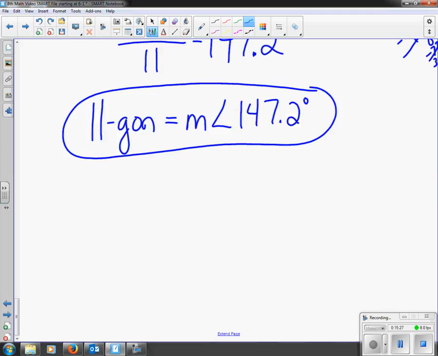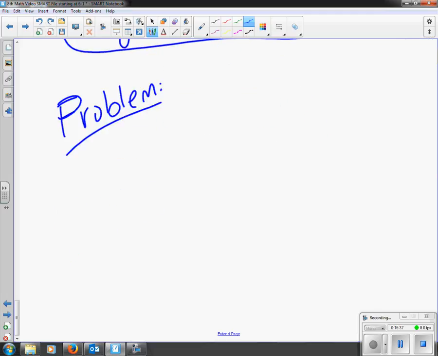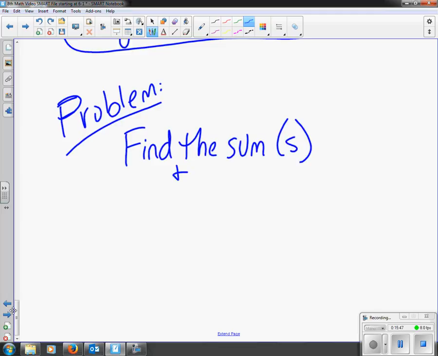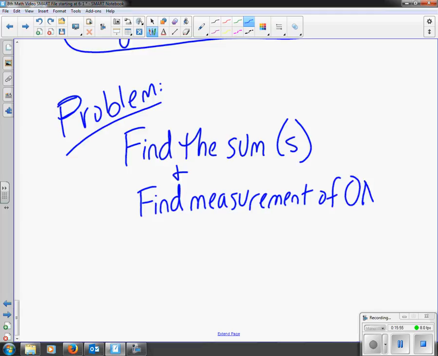Okay, so for the problem for next class, I want you to find the sum of all the interior angles, so that's your S, and find the measurement of one angle, just like we did a minute ago.